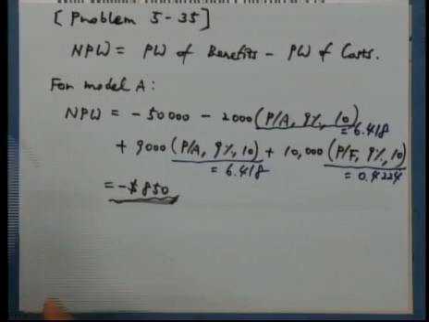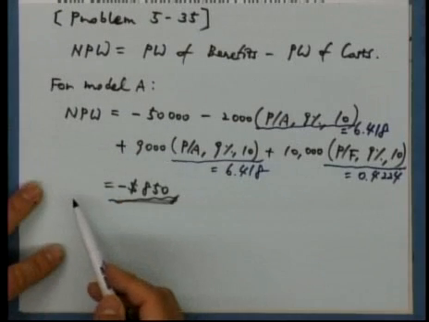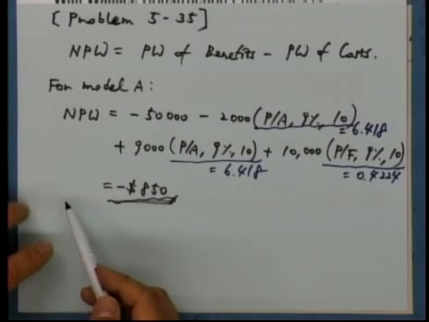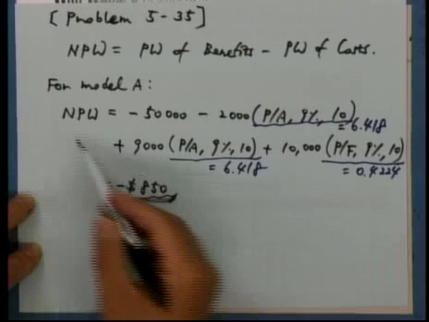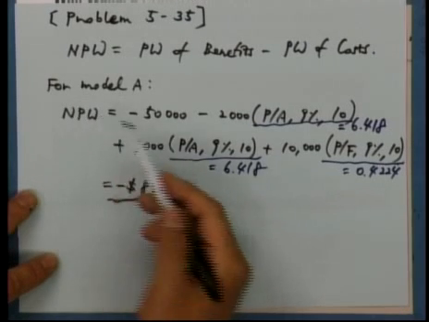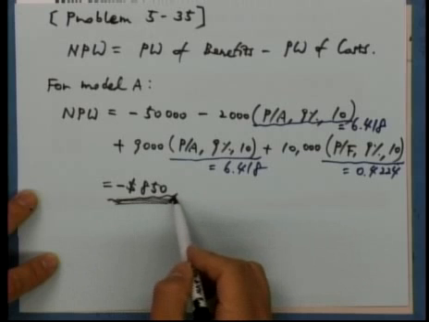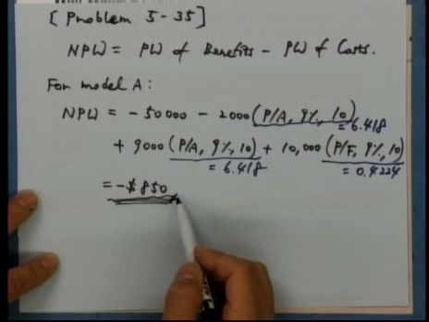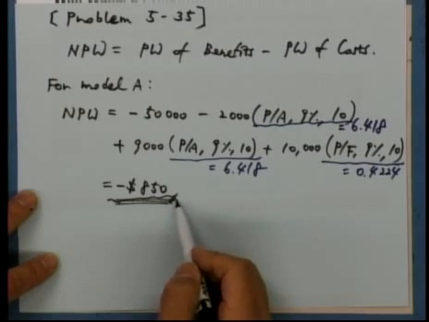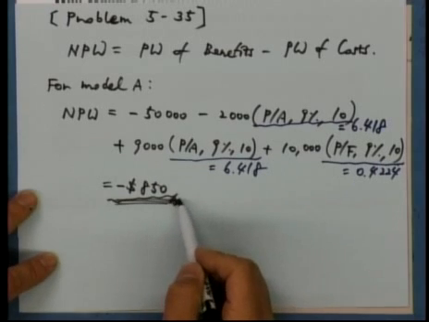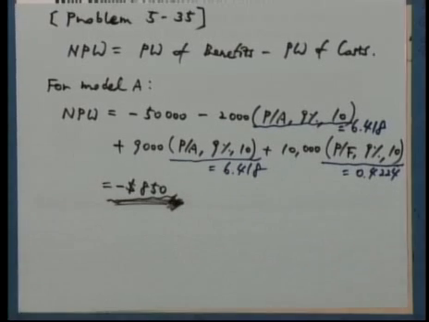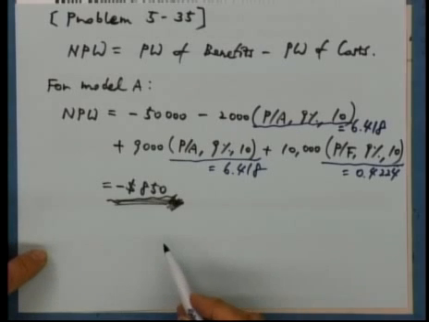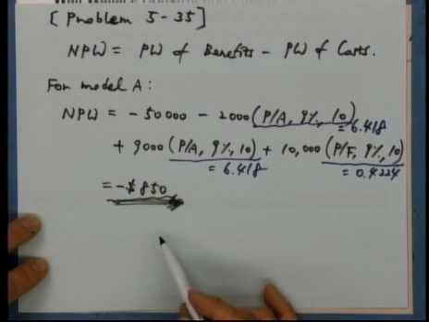So the only choice you have is to go with Model A. And do you really need to do that? No, because the net present worth of Model A is negative, right? So it is better to do nothing or look for other alternatives if possible.